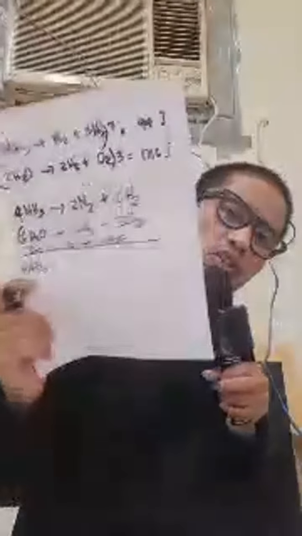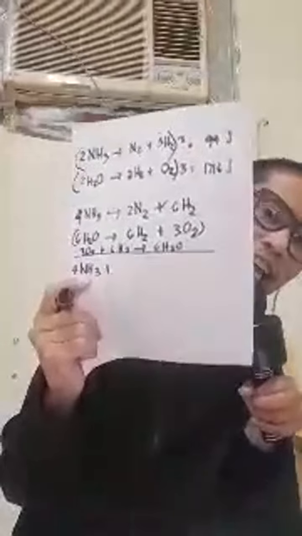The 1716 joules in the second reaction will now become negative 1716, the enthalpy change of the second reaction, because we reversed that one. And the first reaction stays the same, positive 94 joules.